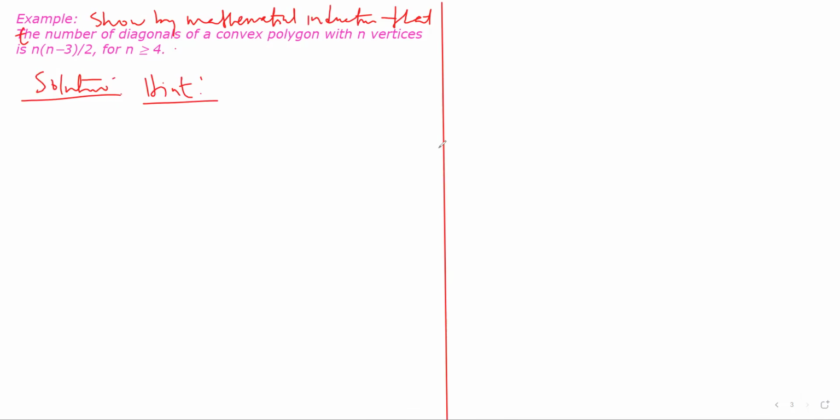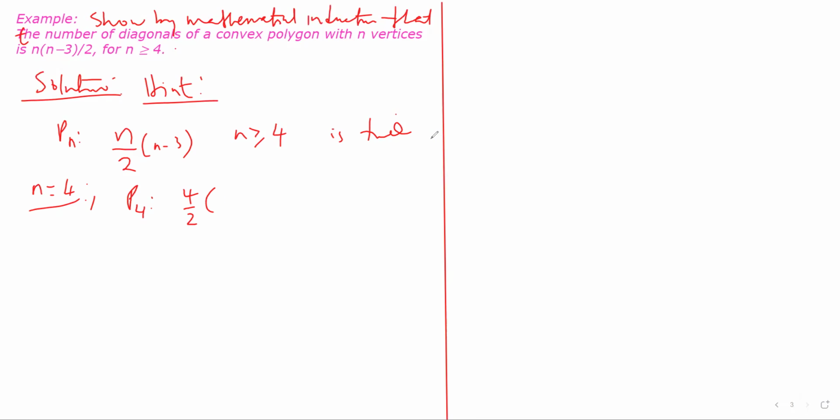what you need to do is ask yourself, what is the Pn statement? The Pn statement says n(n minus 3) over 2 for n greater than or equal to 4 is true. So if n is 4, this is where you start from. If n is 4, then P4 is equal to 4 over 2 into brackets 4 minus 3, which is 4 over 2 into brackets 1, and this is equal to 2.